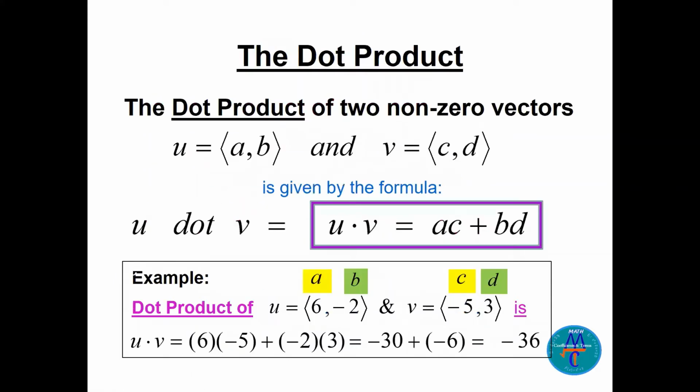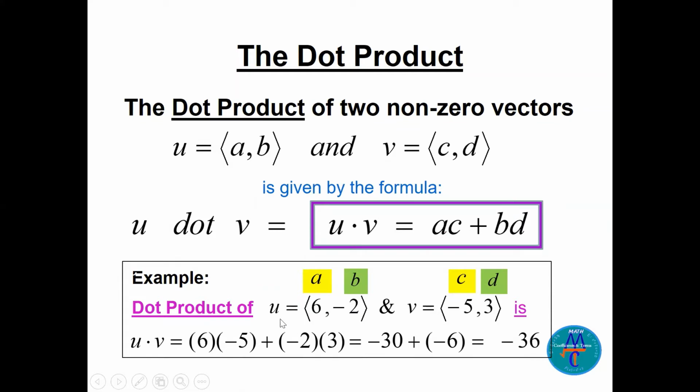So the dot product of two non-zero vectors, the vectors are u = ⟨a, b⟩ and v = ⟨c, d⟩. To find the dot product, u dot v will be a times c, just a number here, plus b times d. That's the main definition.